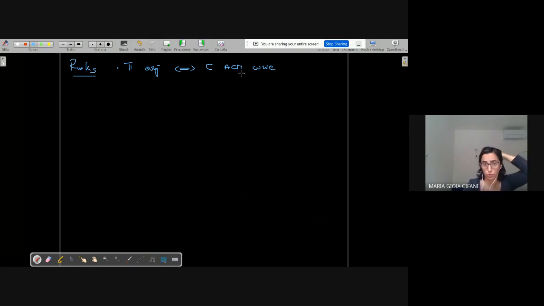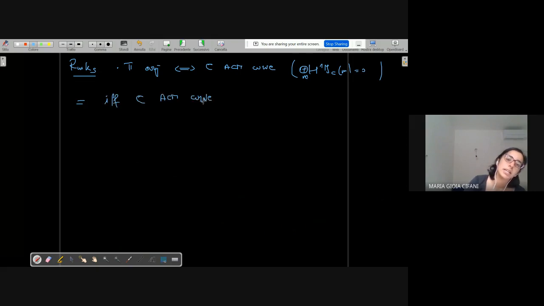One of the definitions of an arithmetically Cohen-Macaulay curve is that pi is surjective, meaning that every H1 of the ideal sheaf is 0. So we will say that we have equality if and only if C is an arithmetically Cohen-Macaulay curve.